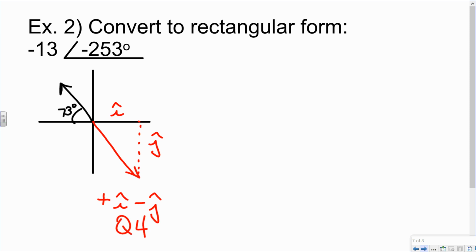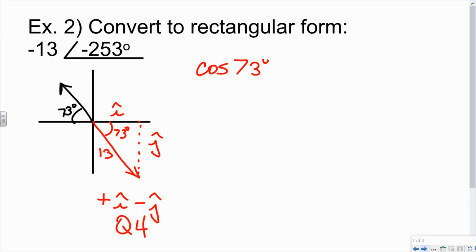So I need the angle between my vector and the x-axis. What will that angle be? So we have the vertical angles again. So I know this is also 73 degrees. I need to get the 13 on there for the hypotenuse. If I want I hat, and I know the angle and the hypotenuse, which ratio is it for I hat? Cosine. I can rederive it.